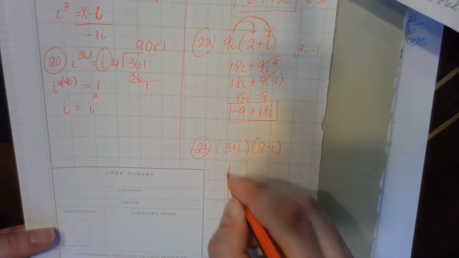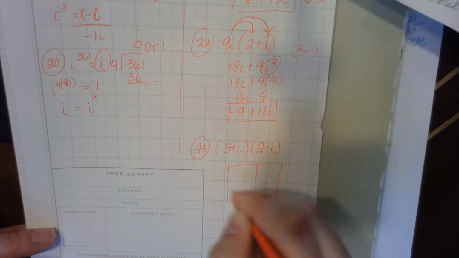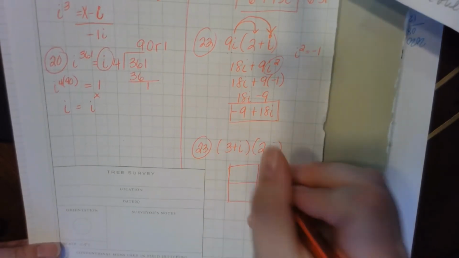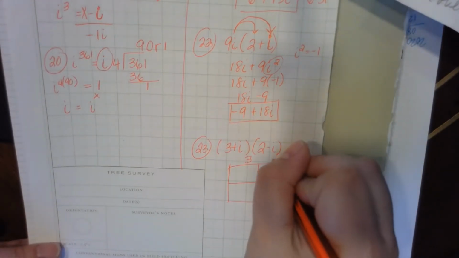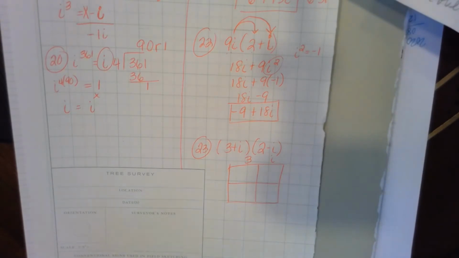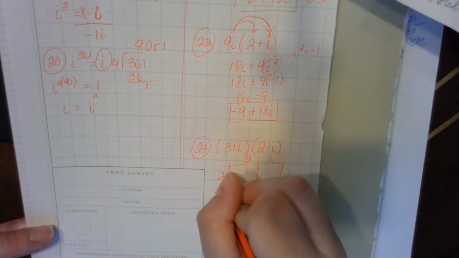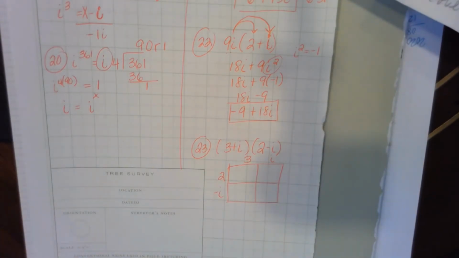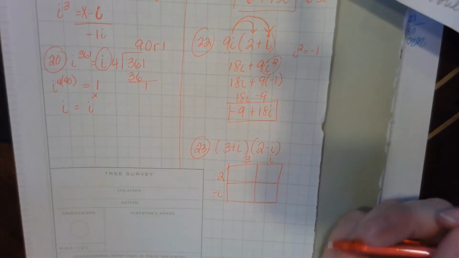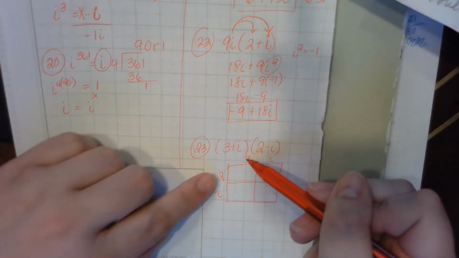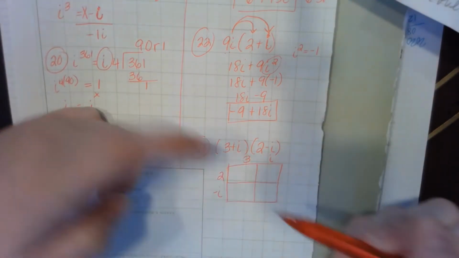So first we have the box, and the way it works is we take the first numbers and we're going to put them, 3 and i, on the outside, and then have 2 and -i, and I'm going to put those down on the left. Now when we multiply using this box, we use it kind of like a multiplication chart. You know how you'd have like a 1 here and a 1 here, and we'd say, oh, 1 times 1 is 1.